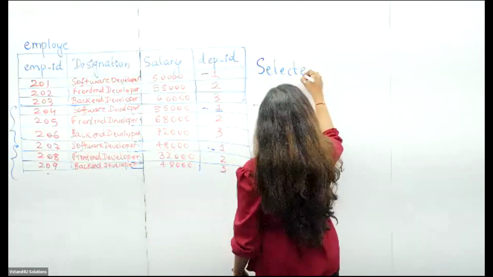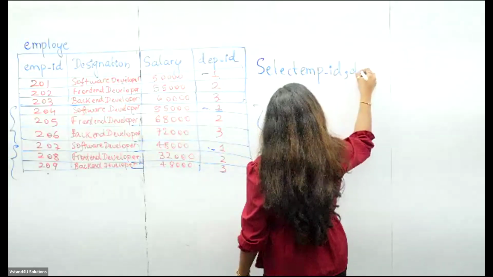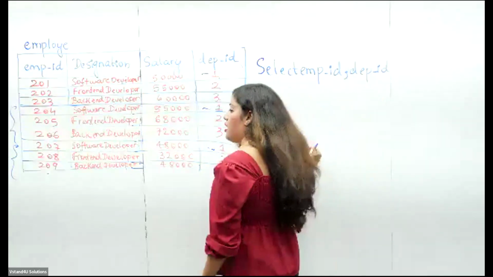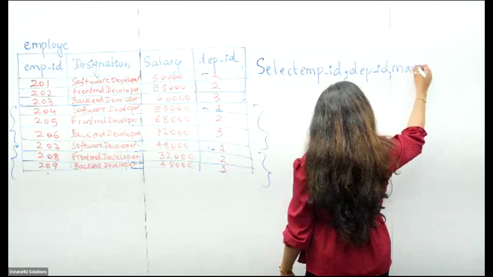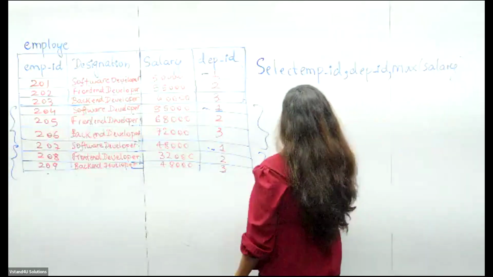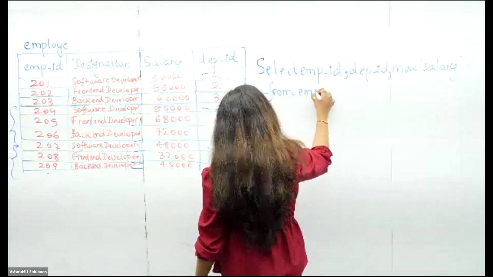You have to select employee ID, then department ID, then maximum salary from which table? From the table called employee.